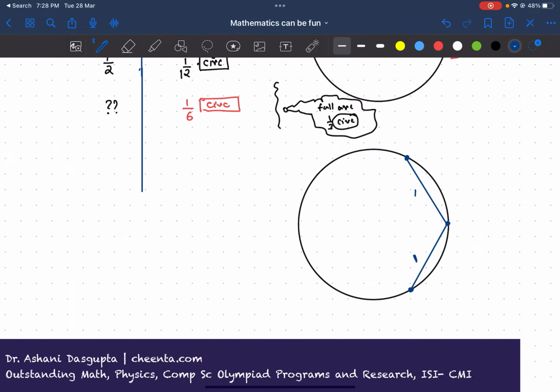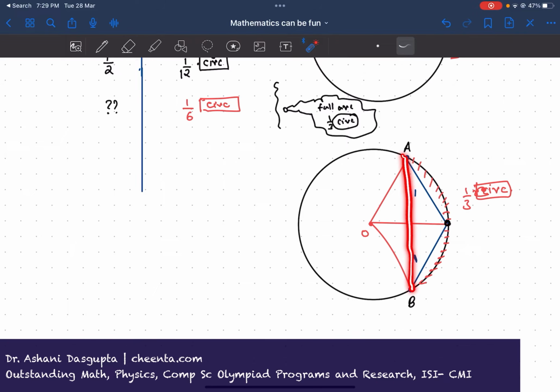So therefore this is 1/3 of the circumference. In other words, if I join these, then this AB is the full chord and AB is the full arc, right?